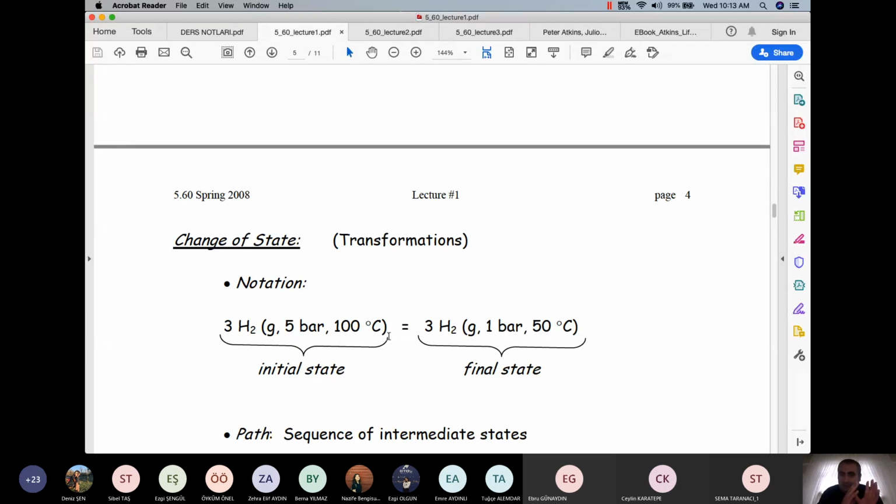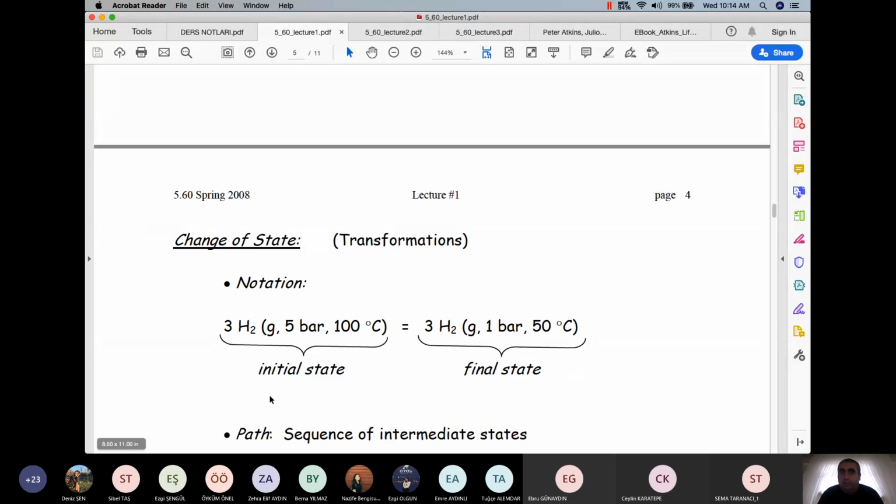So we can transform a system from one point to another, and we can easily monitor the macroscopic properties over the course of the transformation. When we transform systems from one to another, we put an equal sign over here. It's not a mathematical equal sign. It means that it is transforming from one state to another state.